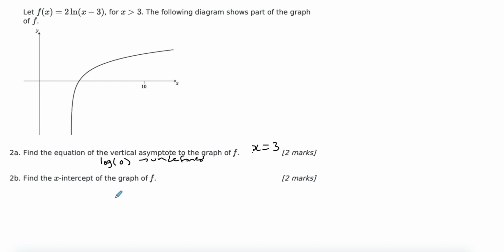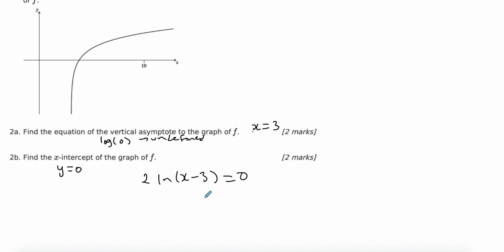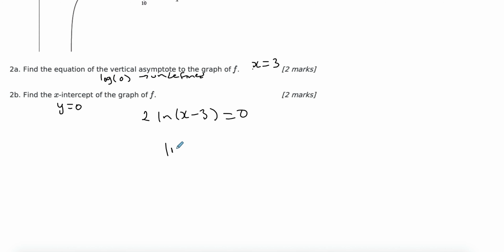Now for the x-intercept, the x-intercept occurs when y is equal to 0. So you want your function equal to 0. So 2 ln of (x minus 3) equals 0. And divide by 2 on both sides. And then the only time your log is going to be equal to 0 is if your argument is equal to 1.